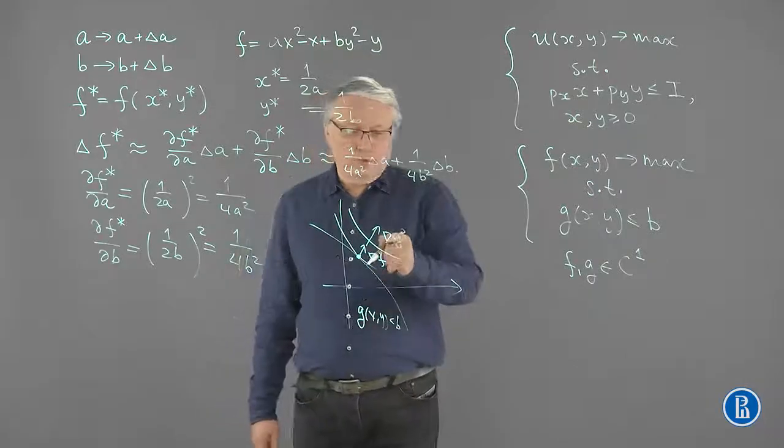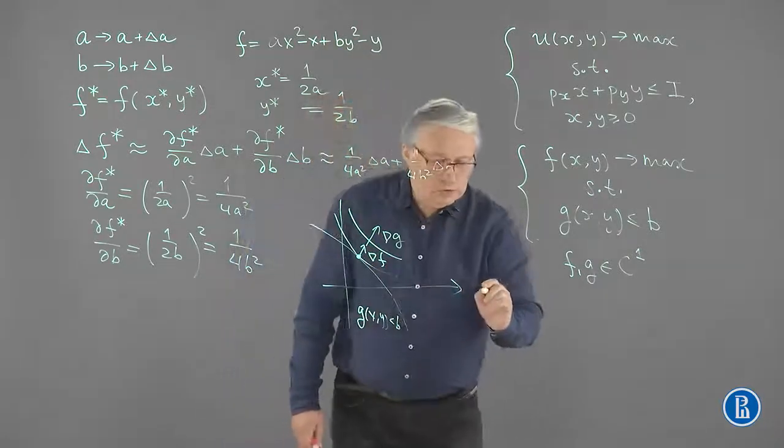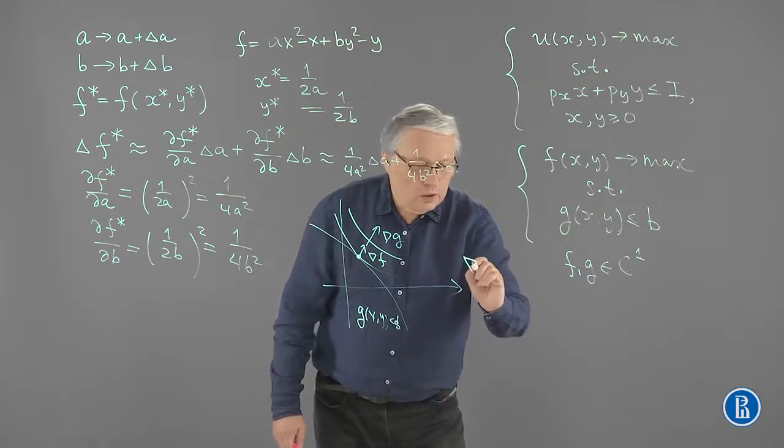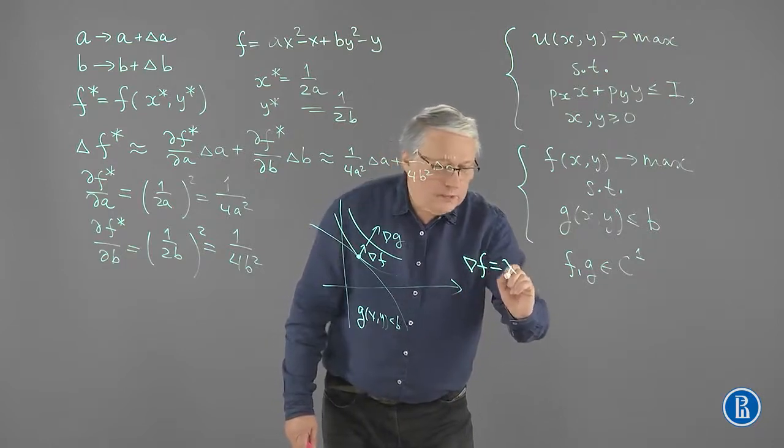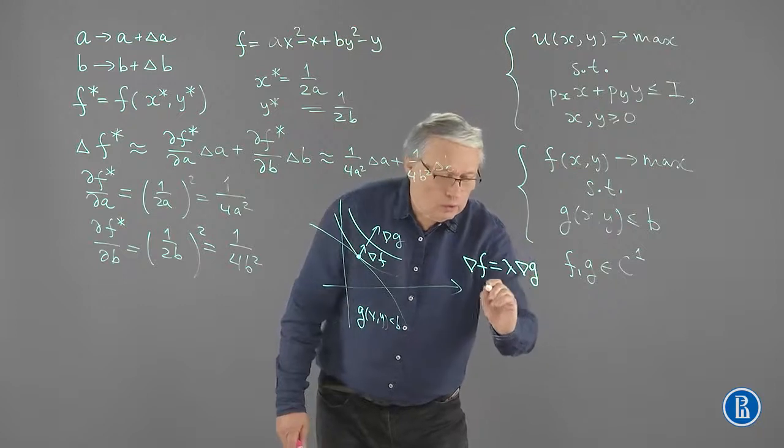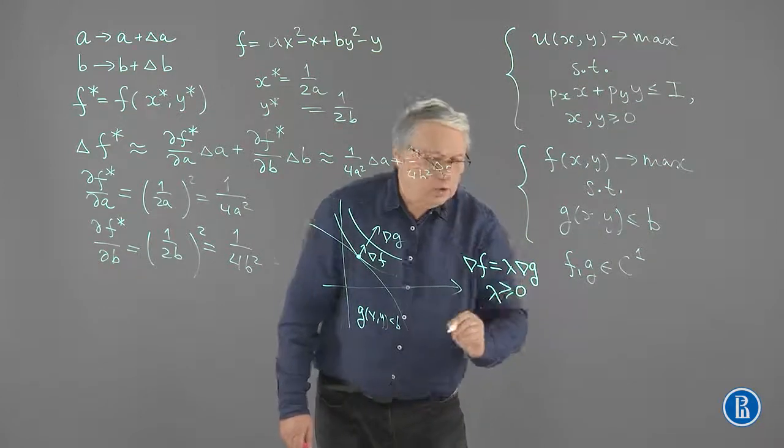Now two gradients point in the same direction, so they're related. Gradient f is lambda gradient g, where lambda is necessarily a non-negative parameter.